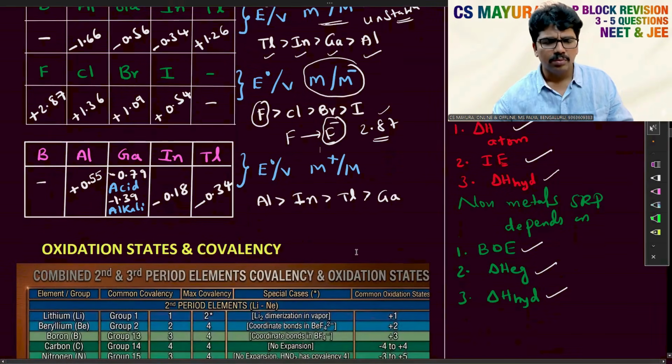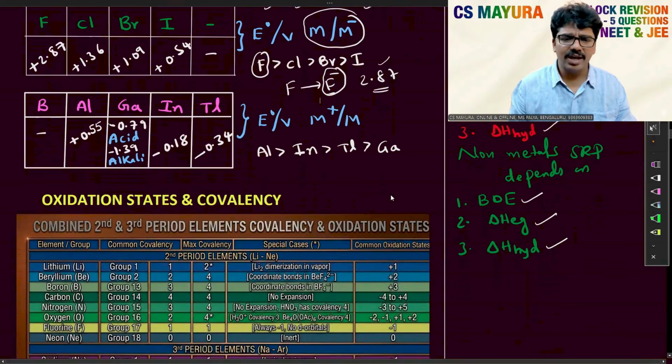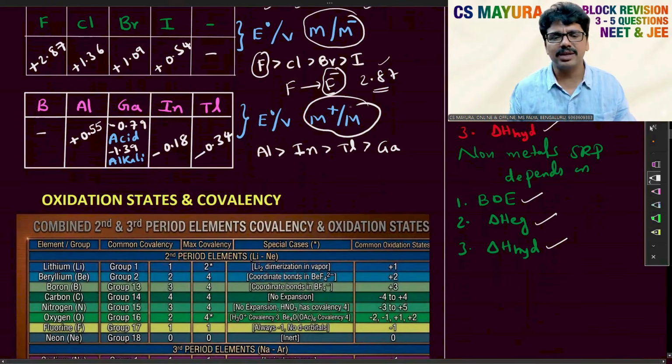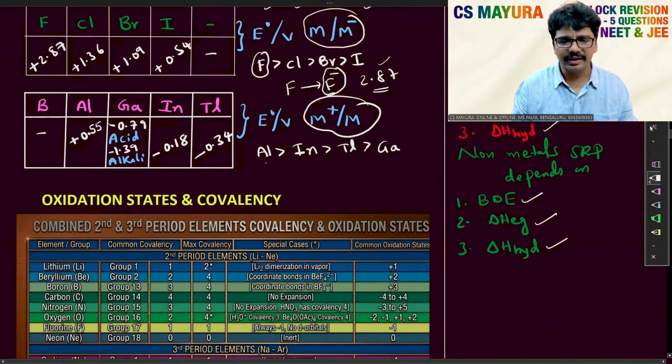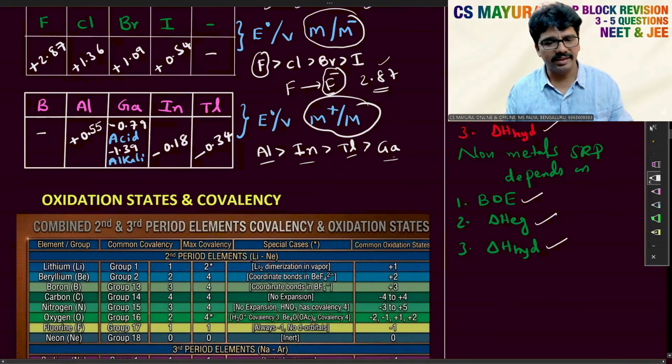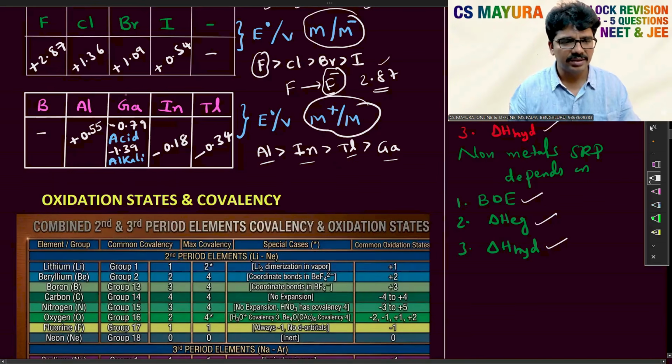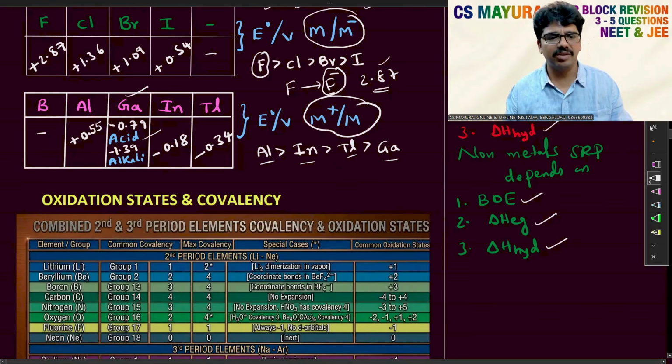Next, boron family, other SRP values are given. These SRP values are from +1 to +3. That order is aluminium to indium, indium to thallium, thallium to gallium decreases. This order is also important to us. Next, one important point is that gallium in acidic medium has an SRP value of -0.79.